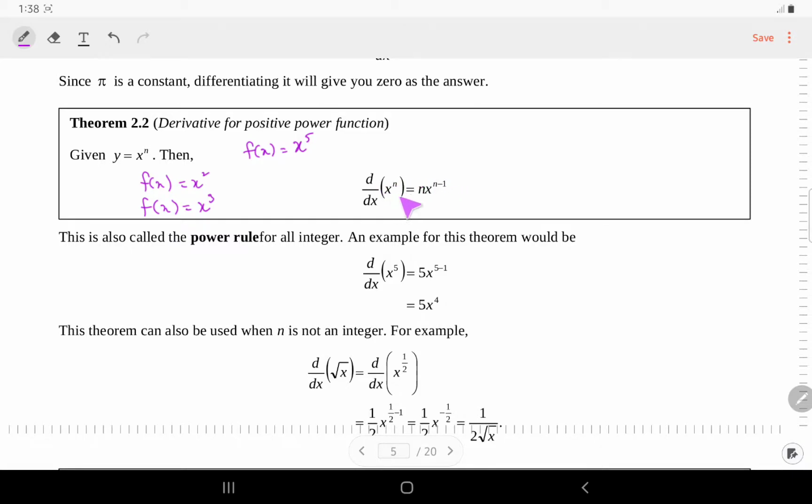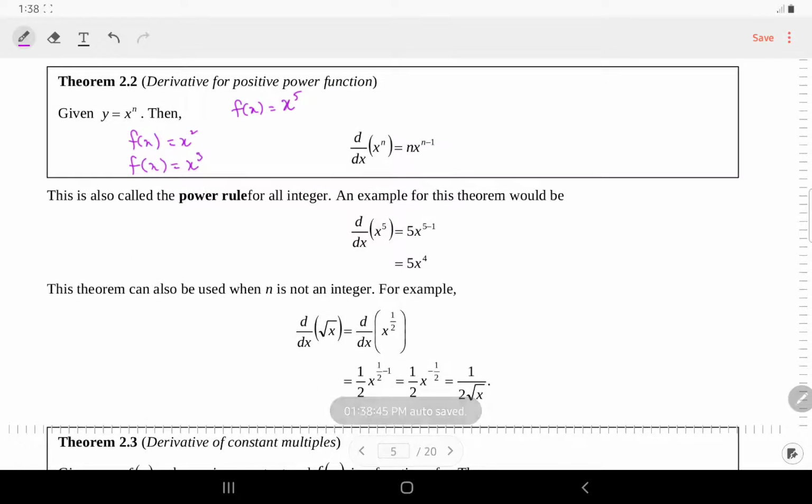Okay, so this is the concept for differentiation of function with positive power. Okay, for example, if you want to differentiate x power of 5, so 5 bawa ke depan, and then 5 minus 1, it will become 5x power of 4.